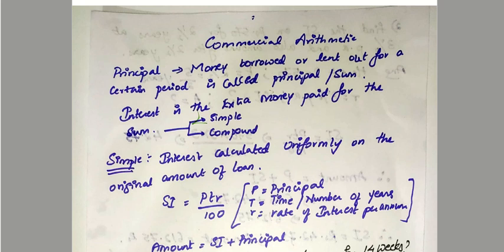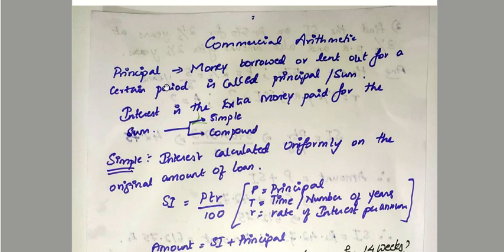So in this, the first topic that we are going to look into is simple interest. So principal amount, what do you mean by a principal amount? Principal amount is nothing but money borrowed or lent out for a certain period. It's called a principal or an amount.